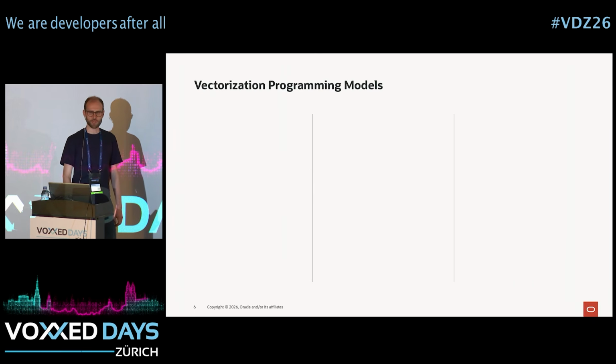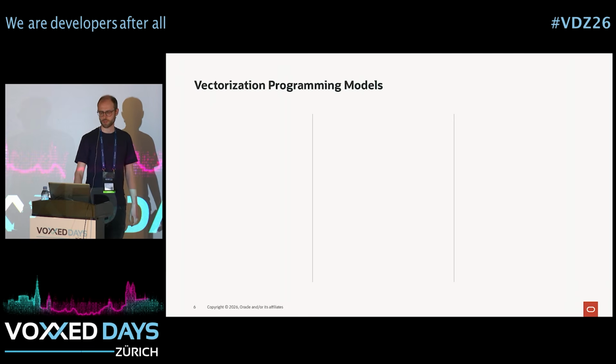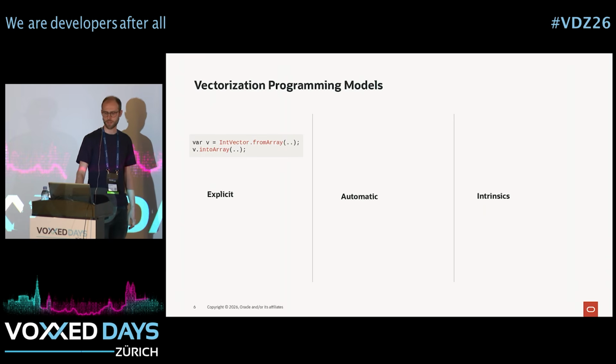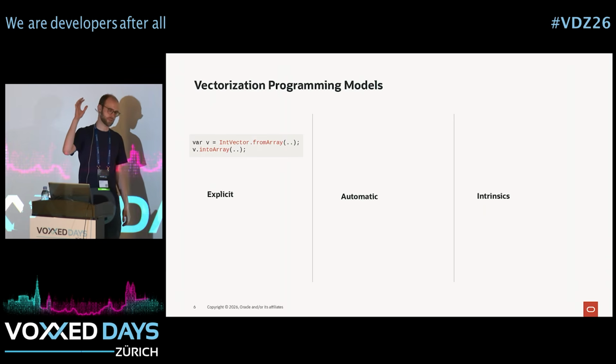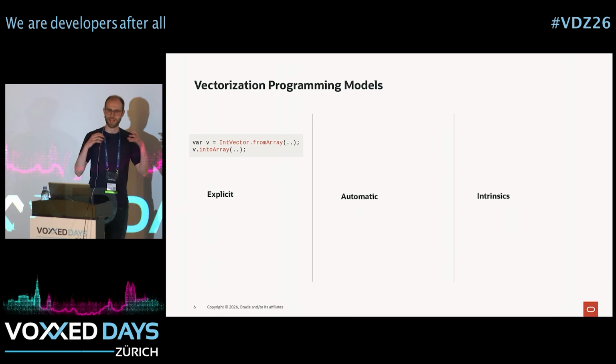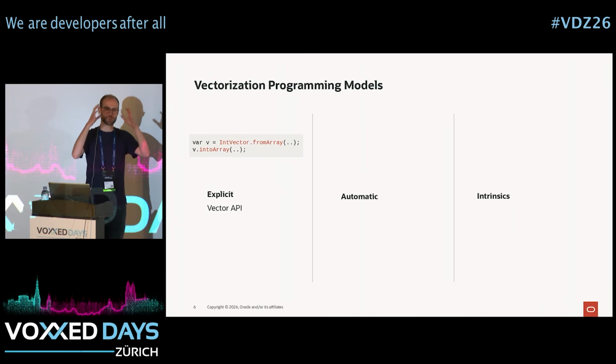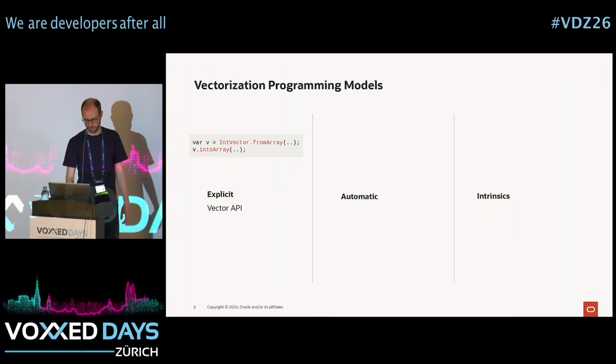So I'm thinking usually of 3 programming models that use vectorization, at least around the JDK. One would be the explicit, the automatic, and the intrinsic. So explicit means really what we want to do is we want to use assembly instructions, vectorized assembly instructions, as directly as we can. And Java's vector API allows us to do that and have this almost one-to-one connection to these juicy CPU capabilities.